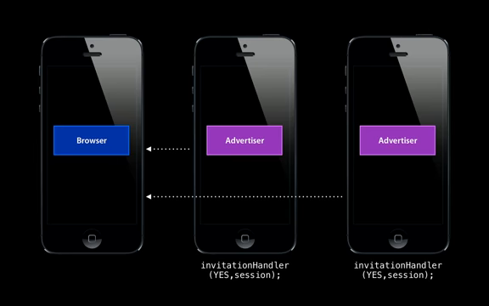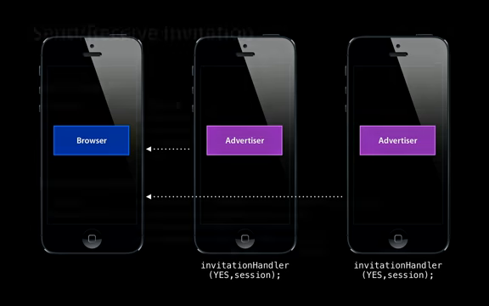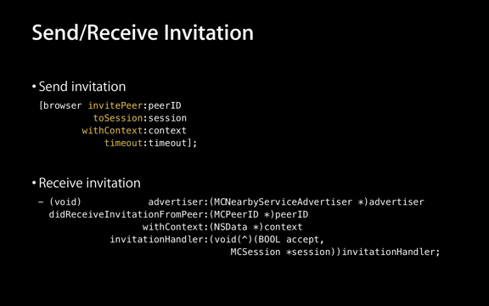So assuming that the answer was yes, you will have to specify that answer in the first parameter of the invitation handler, and the second parameter will be the session object that you want to use for that invitation. So in code, the invite function looks like this: invitePeer toSession withContext timeout.